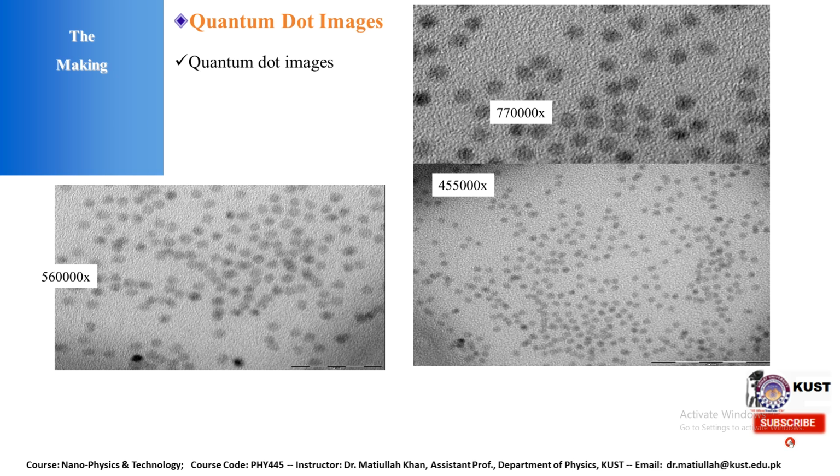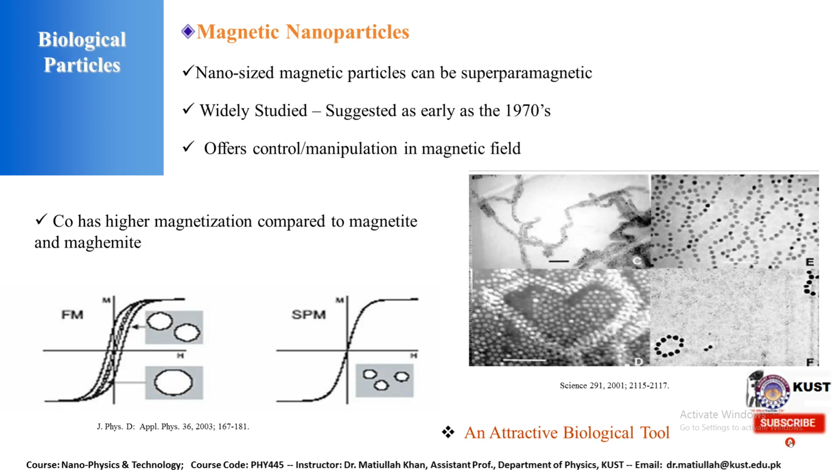So these are some of the images of the quantum dots prepared for different semiconductor materials at different resolutions. We can see easily that the quantum dots are really visible here. They have a very wide range of applications and have been used in various fields, including the biological sciences as well.